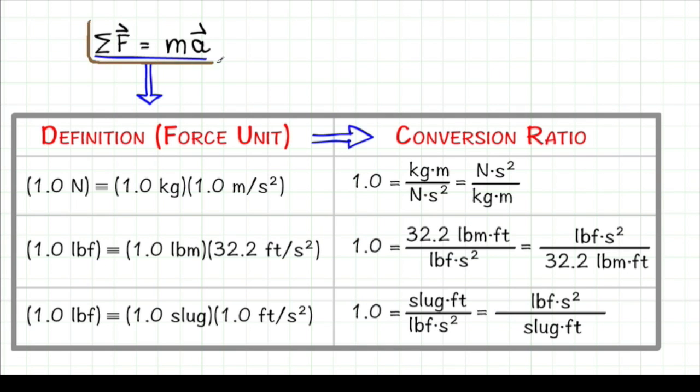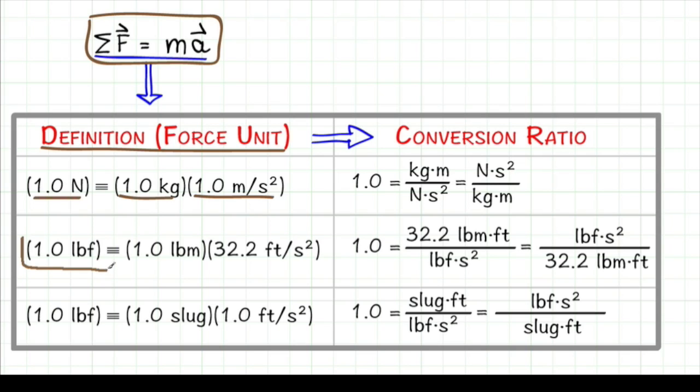In summary, force and mass units are related with Newton's second law of motion, shown here. We start with a definition. By definition, 1 Newton of force is the amount of force which will accelerate 1 kilogram at this rate.